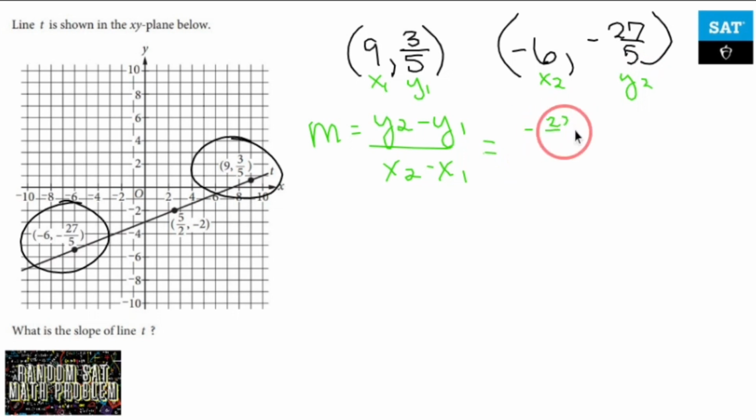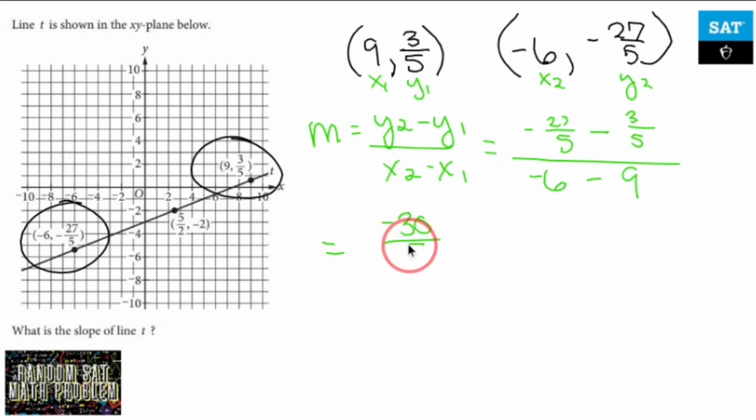Negative 27 fifths minus y sub 1, which is 3 over 5, over negative 6, that's x sub 2, minus regular 9. Okay? Negative 27 over 5 minus 3 over 5 is negative 30 over 5. I'll simplify that in a bit. Negative 6 minus 9 is going to be negative 15. Negative 30 over 5 is negative 6.